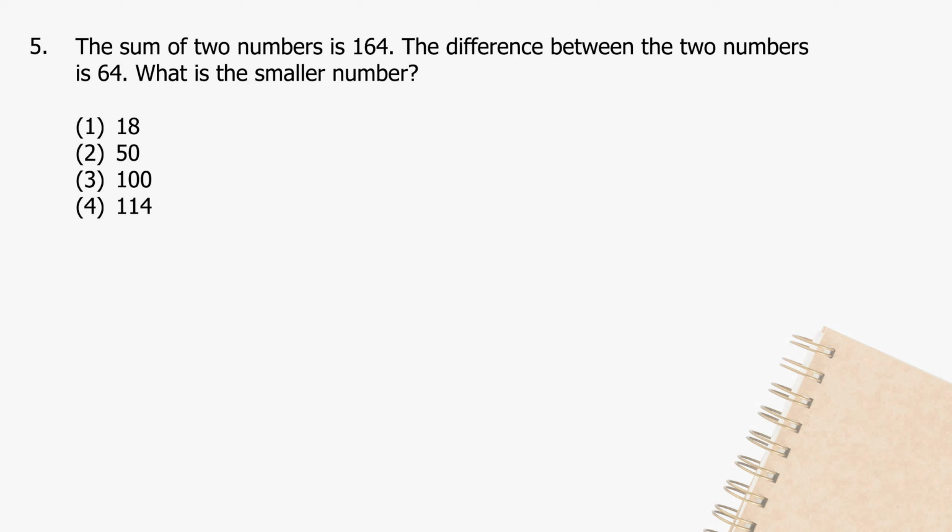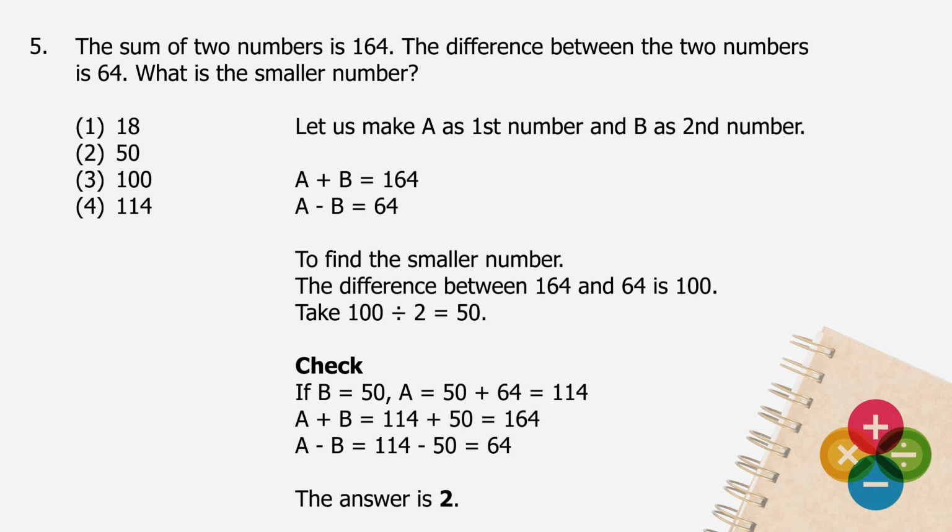Question 5. The sum of two numbers is 164. The difference between the two numbers is 64. What is the smaller number? Let us make A the first number and B the second number.